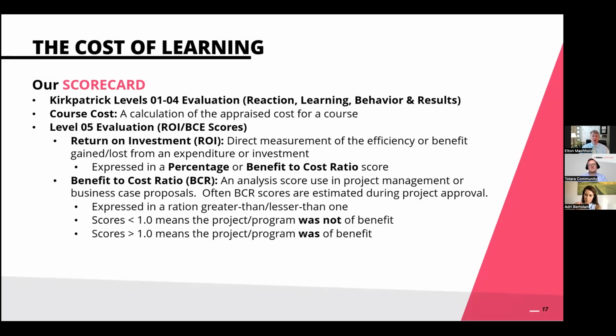So it's probably a good decision to proceed. Scores lesser than 1 would mean that we had a project that was not of benefit, but not a loss to the organization. If we end up with a project that is lesser than 0, a negative BCR score, this was probably something that should have never made it to the approval board and never have been drafted.